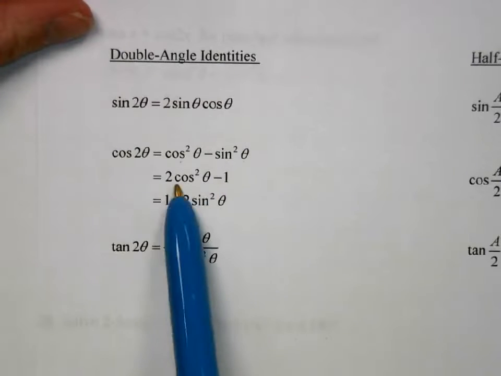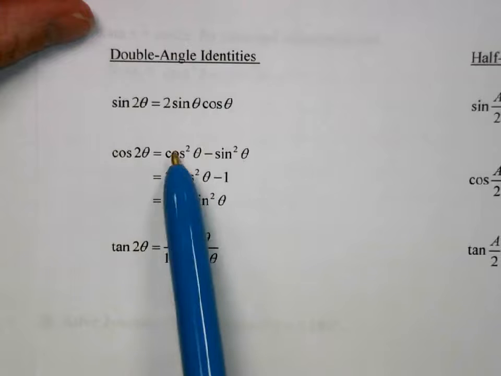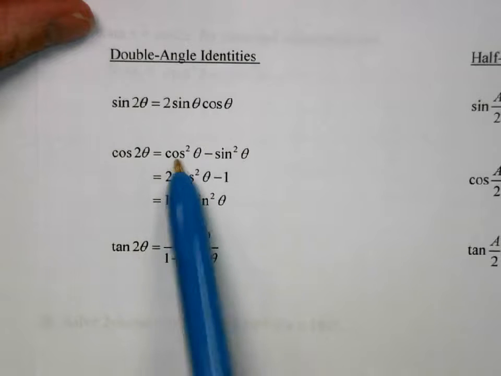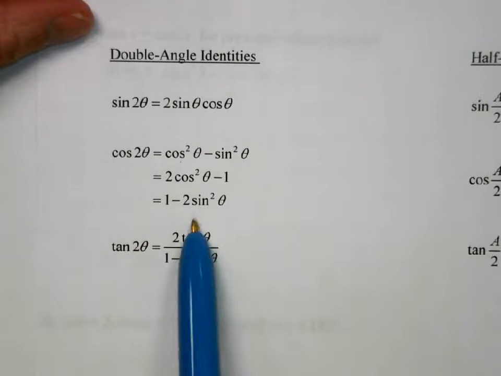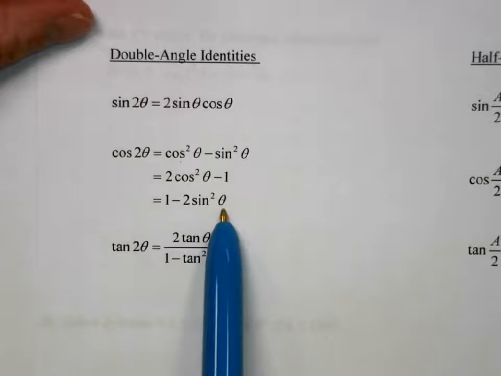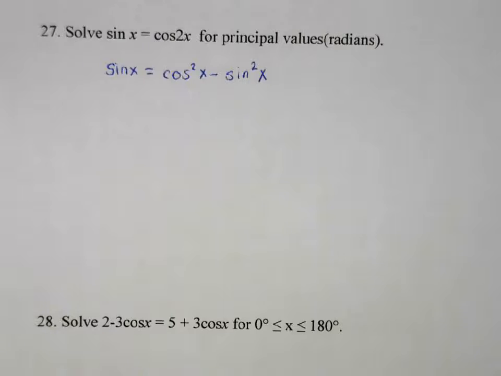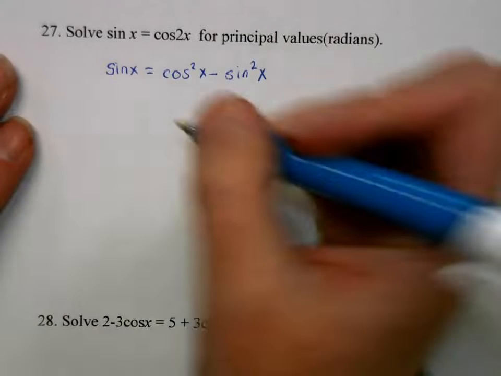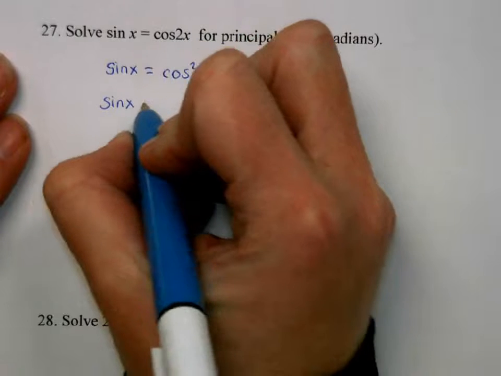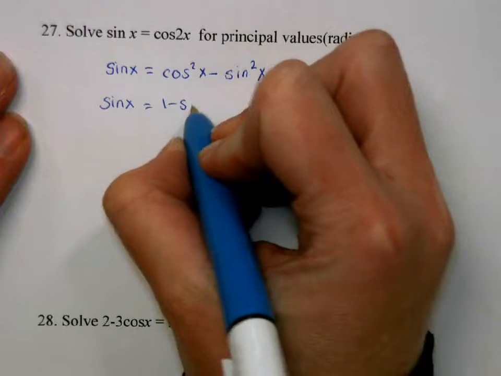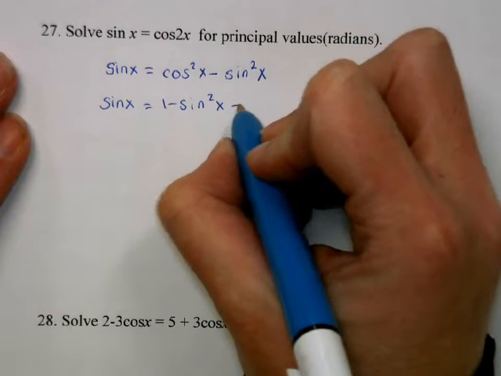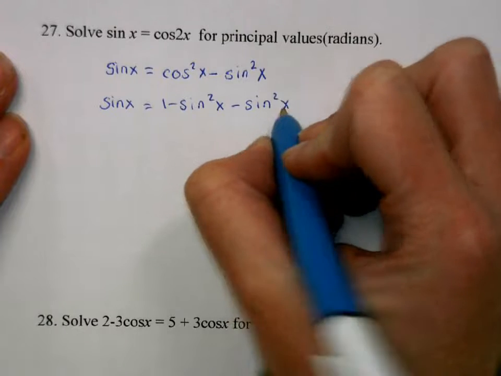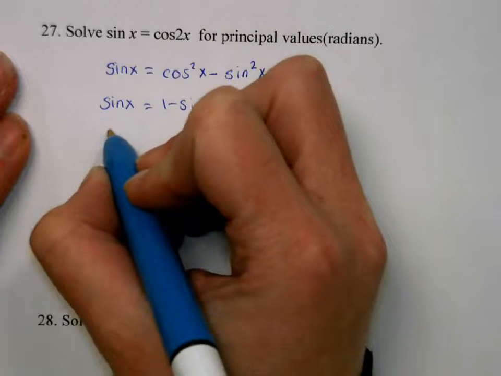So this might have been a better choice, but I can still arrive at that if I don't. So I'm going to replace this with 1 minus sine squared to get it all to be the same trig function. So this is 1 minus 2 sine squared x, which is the one that's on our identity sheet.